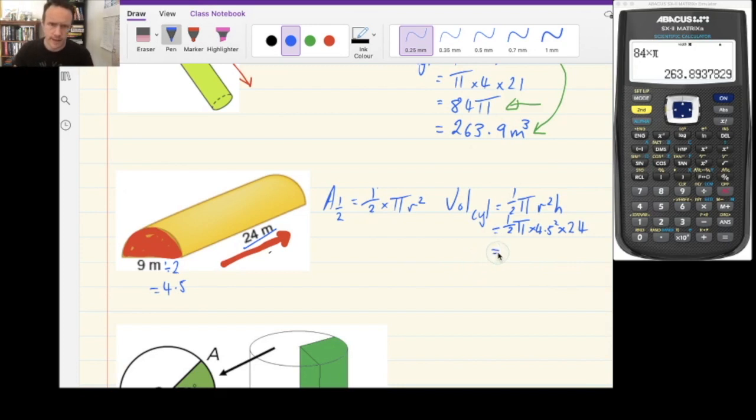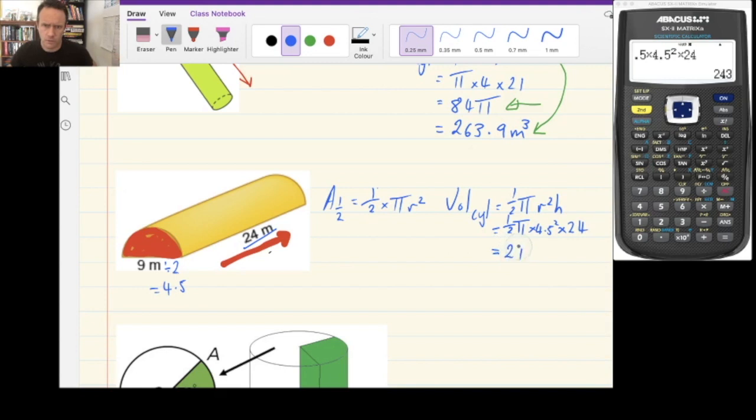Now, if we wanted an exact figure for this, in my head I can't do 4.5 squared, but on the calculator I can do half times 4.5 squared times 24, and that will give me the coefficient of pi. So if I do 0.5 times 4.5 squared times 24, we get 243.